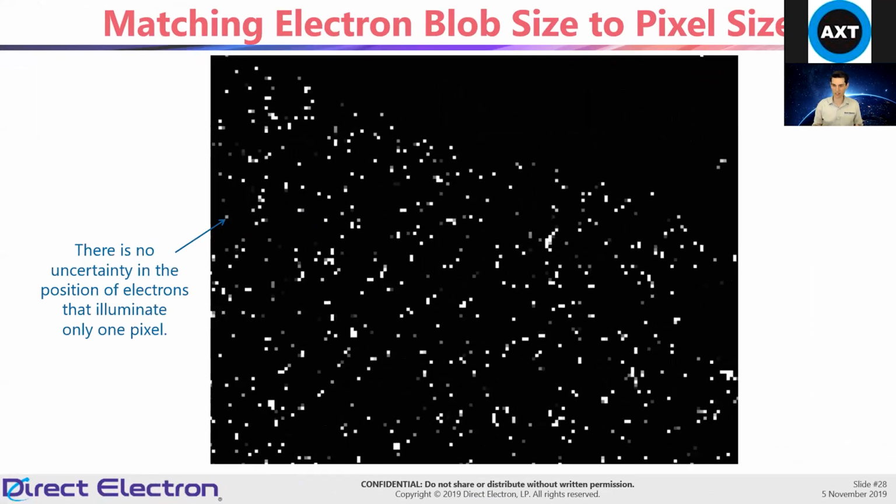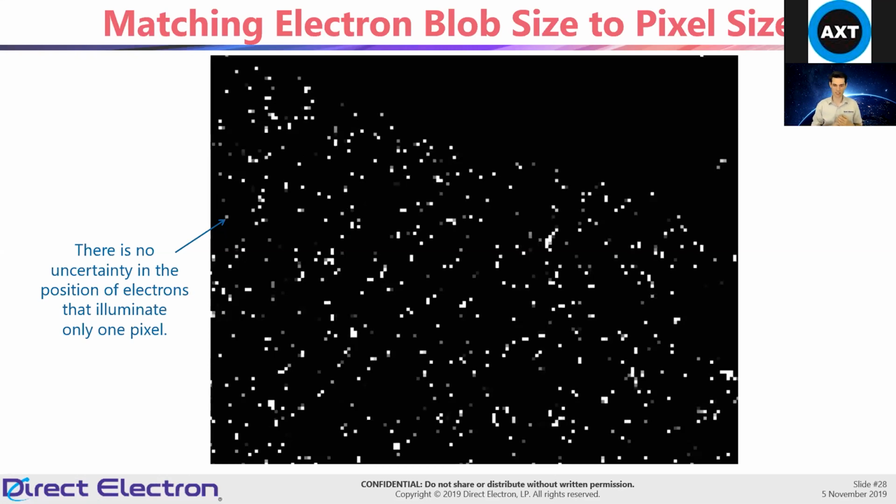So one of the important things to do is to figure out how to match the electron event size, the electron blobs, to the actual physical pixel size. And when you have events that are in a single pixel, there's no uncertainty. The event is in one pixel, and that's where the electron went. So if we were to use this example here, this is from a DE64, most of these events are about 1 to 4 pixels.